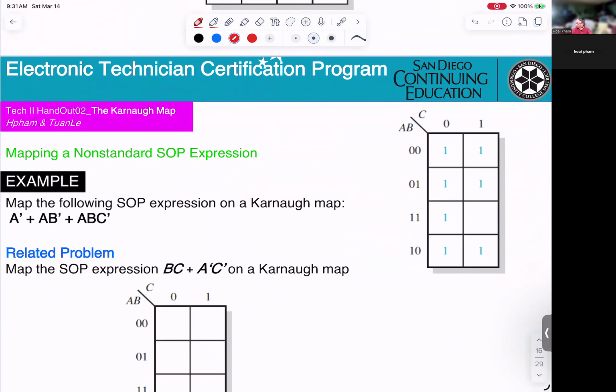Map the following SOP expression on the K-map. Now you have to get the product out of the K-map. First thing, you can loop this one.